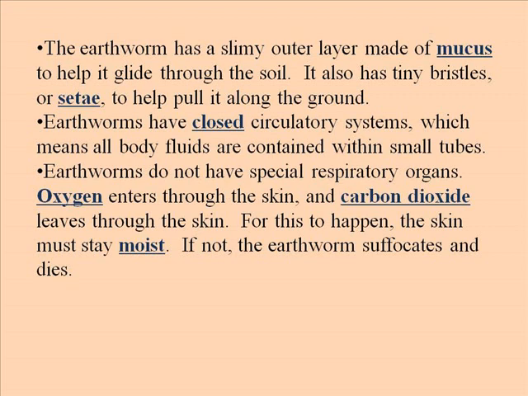Now, for this to happen, the earthworm must stay moist. So this is the second job of the mucus. The mucus allows the skin of the earthworm to stay moist so that oxygen and carbon dioxide can move across. If an earthworm dries out, it will suffocate and die.